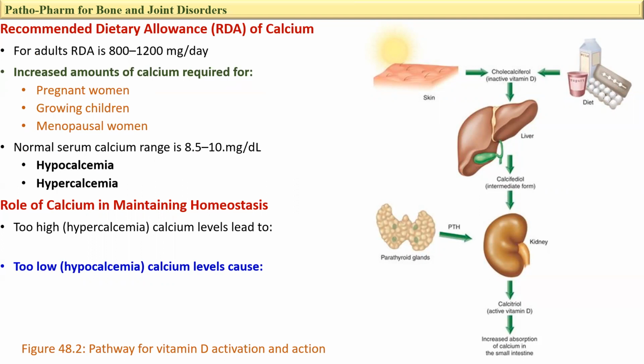The recommended dietary allowance, or RDA, of calcium for adults is about 800 to 1200 milligrams daily. The normal level for calcium is 8.5, or in some textbooks 9, up to 10 or 10.5, or even 11 milligrams.